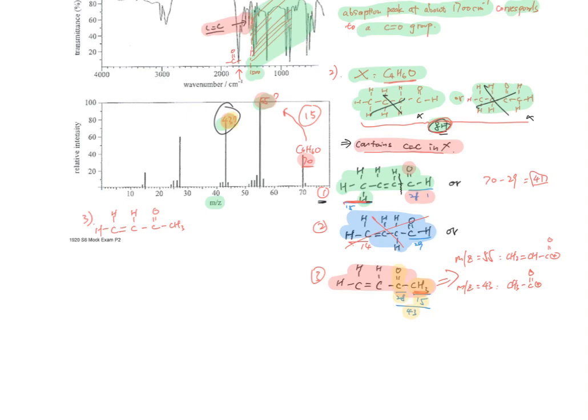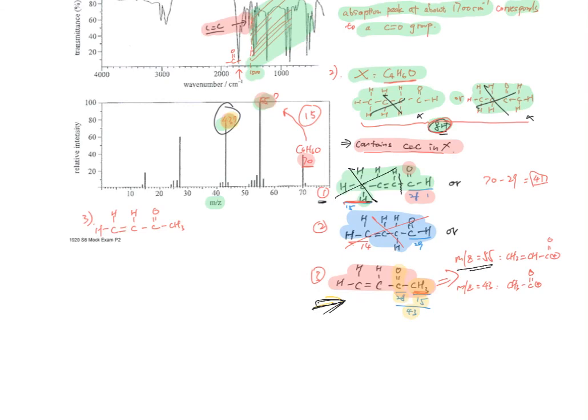So for this compound, we have 55, because it lost 15, that means 55 remaining, and we also have 43. So that means number 3 should be the structure we wanted. So number 1 is wrong.